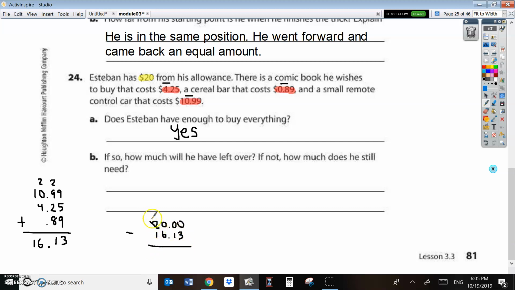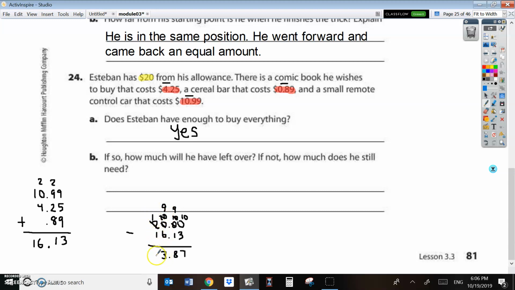Okay, borrow from that $10 bill, and you have one $10 bill. Then you have 10 $1 bills. Take the $1 bill, take one of them, and make 10 dimes. So there's 10 dimes. And then take one of your dimes and make 10 pennies. 10 minus 3 is 7. 9 minus 1 is 8. 9 minus 6 is 3.